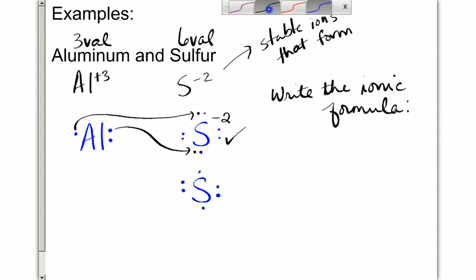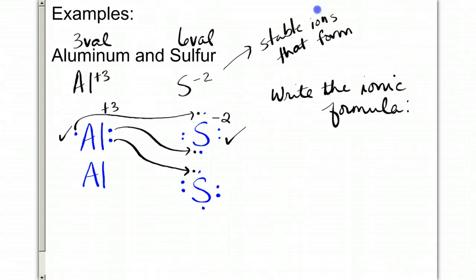Now aluminum can get rid of its last valence, giving aluminum a +3 charge and an octet. But my other sulfur is not quite finished yet. It still needs another 2 electrons.